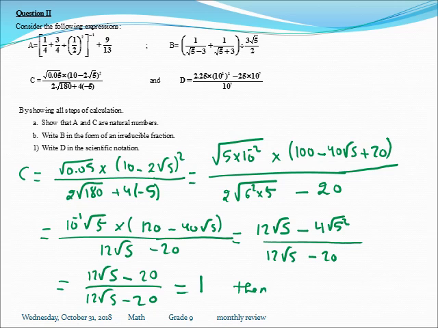Then A equals C equals 1, which is a natural number.